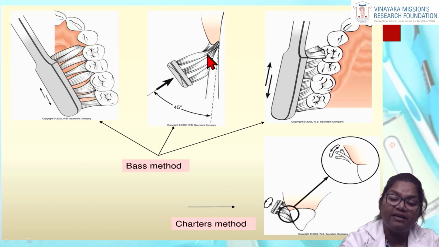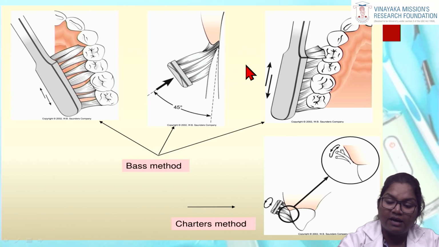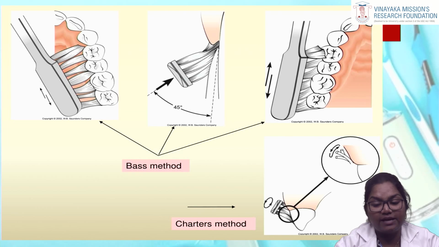The bristles are placed inside the sulcus at an angulation of 45 degrees and we give back and forth motions, approximately 20 strokes, 3 teeth at a time, and finally in the modified Bass technique we sweep it out so that the gingival sulcular area is cleaned.